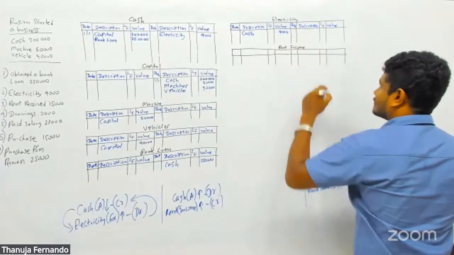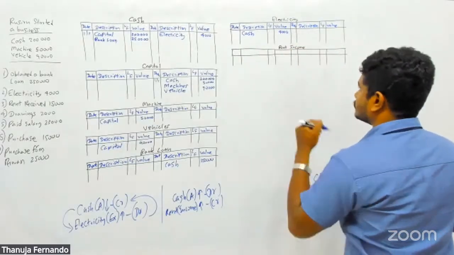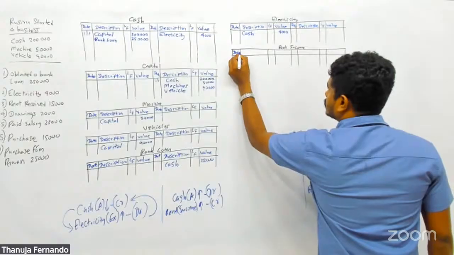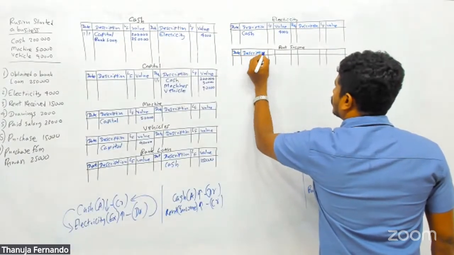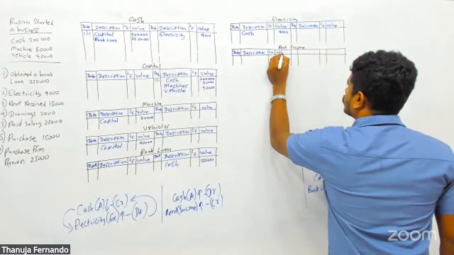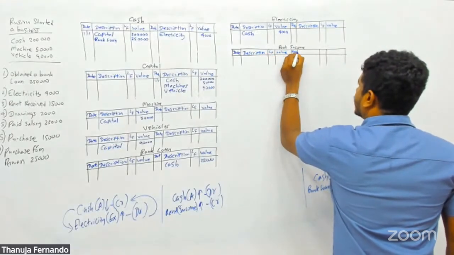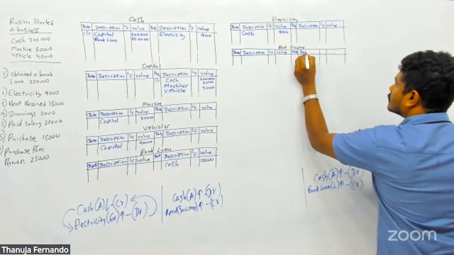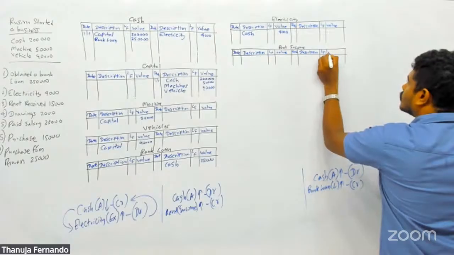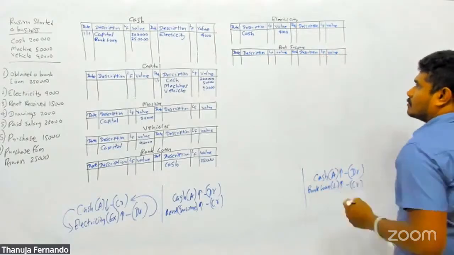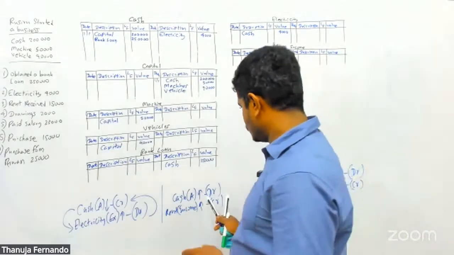Rent income or rent received, both are okay, right? No problem. Date, description, ledger folio, value. Date, description, ledger folio, value. Right? Cash account, debit.